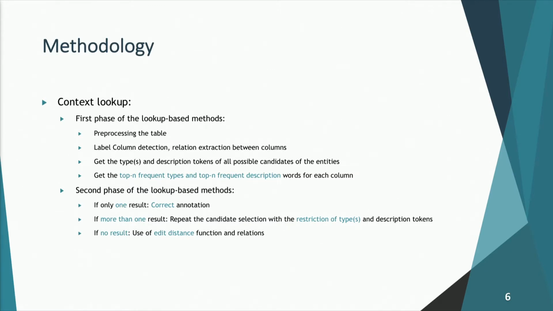Then we get the entities that we want to annotate, and we extract the types and description tokens of these entities from the knowledge base. And then after one iteration through the whole table, we extract, out of all the types that we have, the most frequent type and the most frequent description token in the whole table.